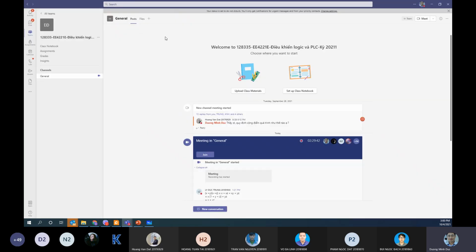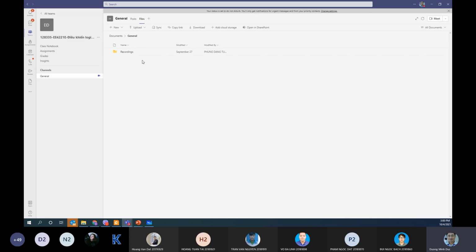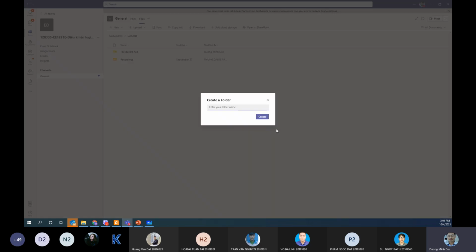Okay, go to the team and the files, and then make... no, we don't have general and the file. There is a class documents recording, and you can make a new folder, homework.